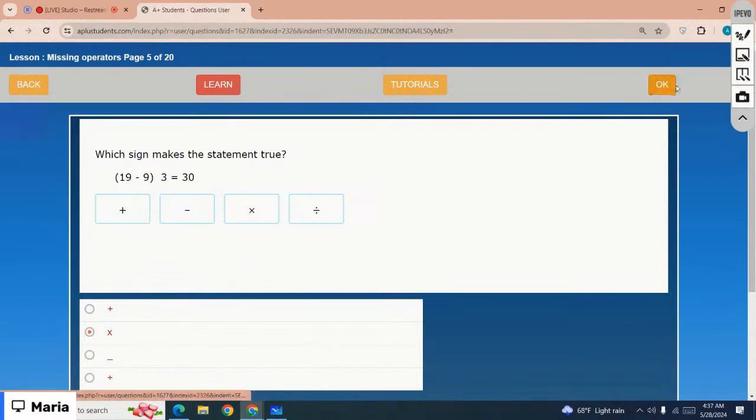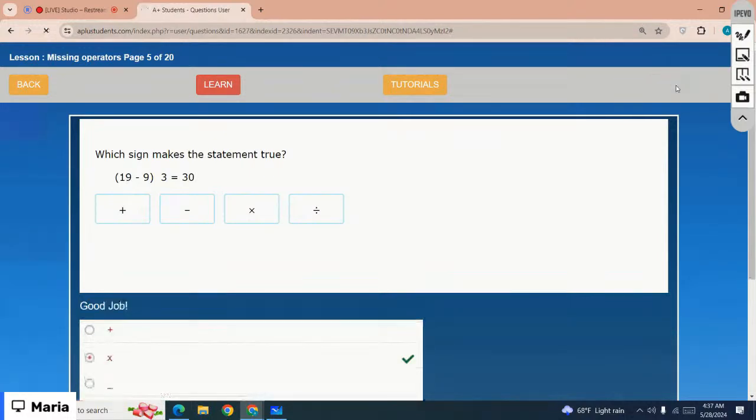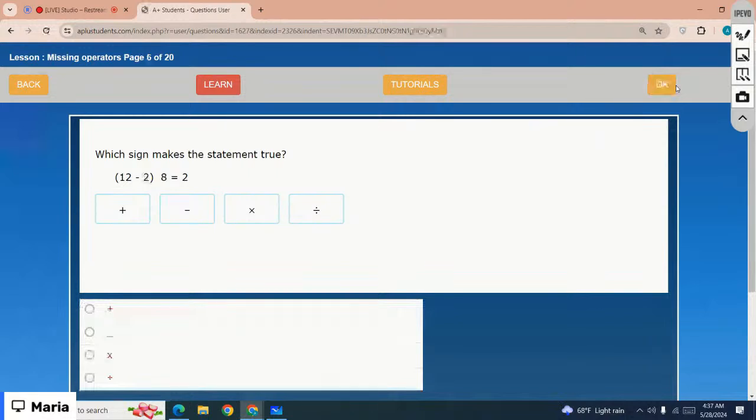So the correct option is 12 divided by 2 is 10. 10 minus 8 is 2.